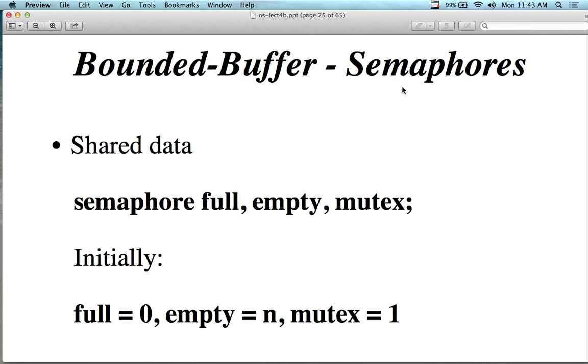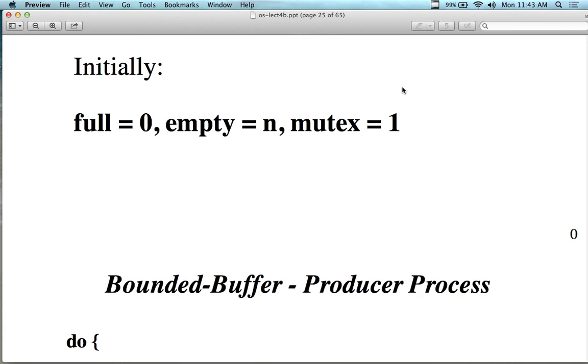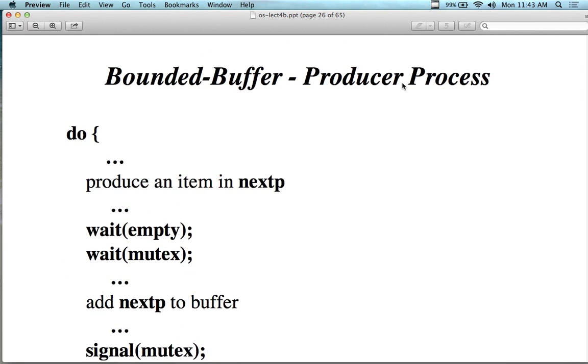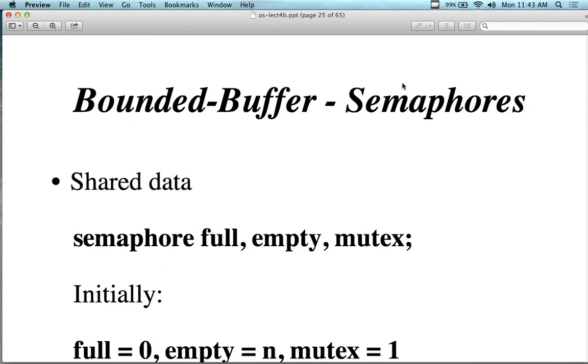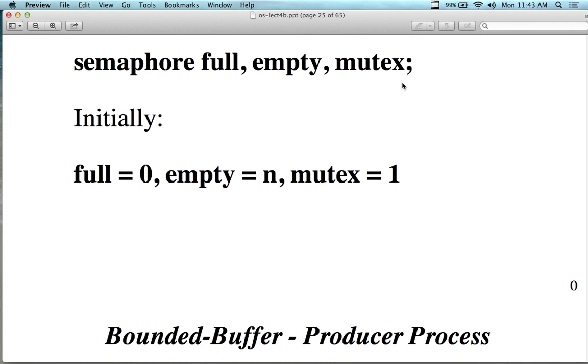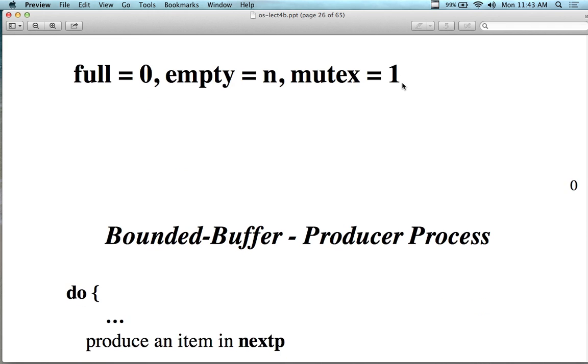If we have shared data, then the semaphore can be full, empty, or mutex, which is a three-level environment. So we can actually be more productive because we can stop the consumer from consuming if there's nothing left, or if there's too much, the producer can stop.